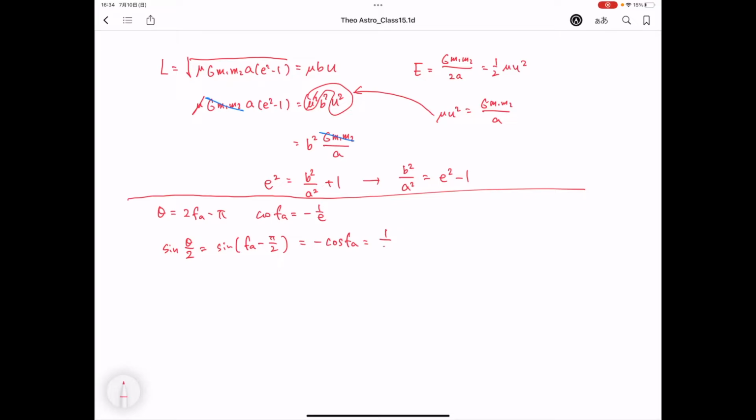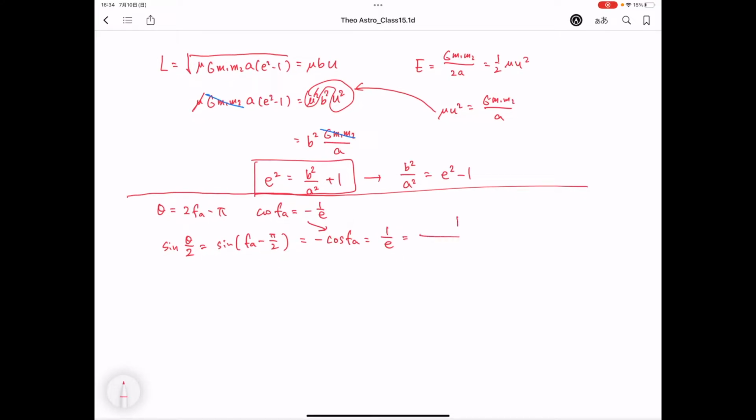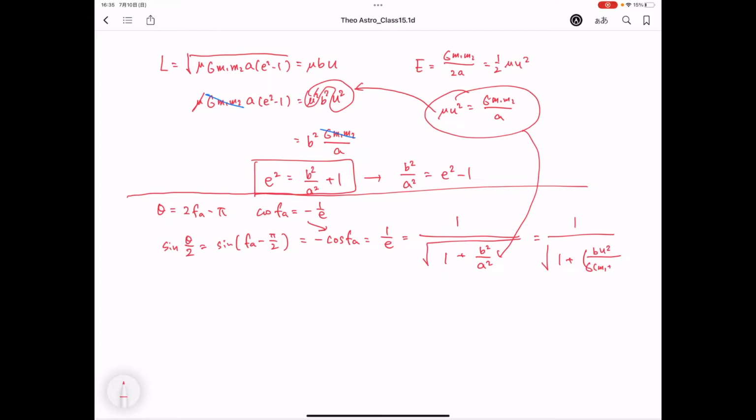This is 1 over e. You can use this relation to get 1 over square root of 1 plus b squared over a squared. For a squared, you can substitute this expression here. So it becomes 1 over square root of 1 plus b u squared over G times m sub 1 plus m sub 2, squared. So this is sine theta over 2.